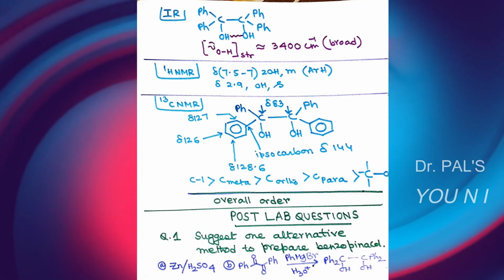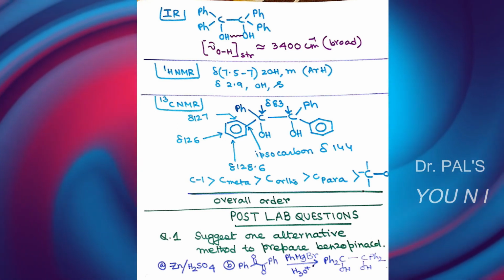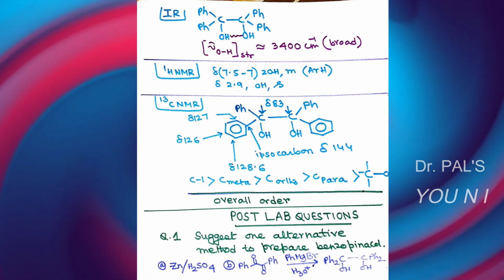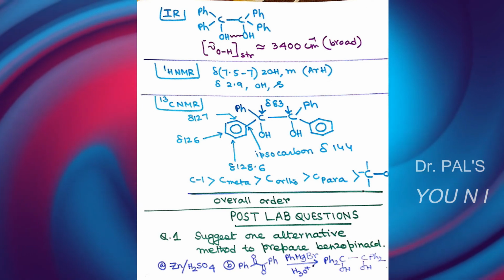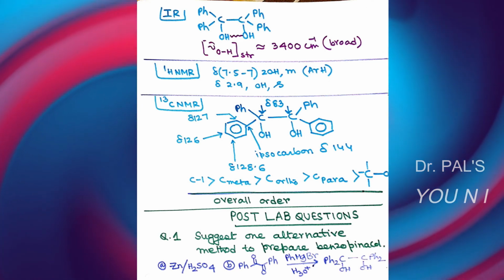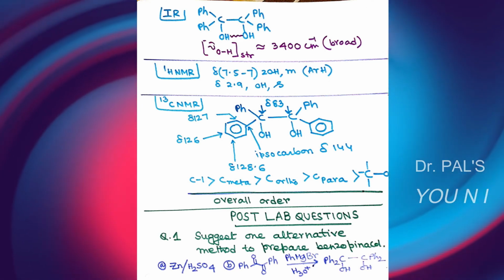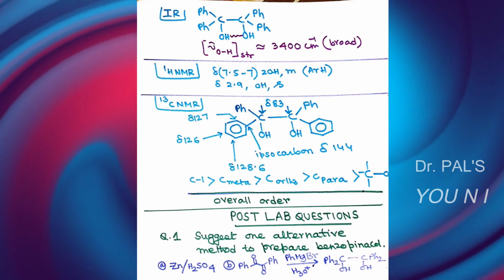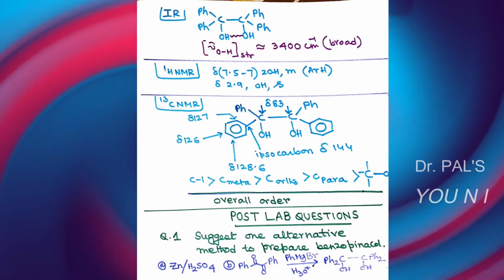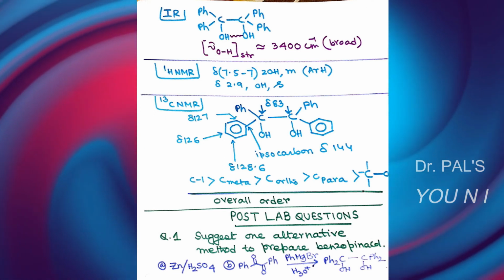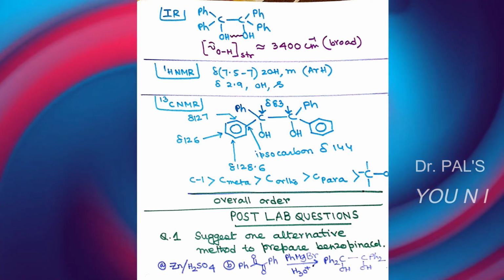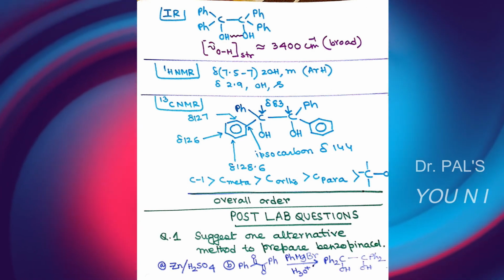These are all aromatic hydrogens, which will give the signal between 7.5 and 7 ppm. The leftover is only the alcoholic OH signal, for 2 hydrogens, and it appears at delta 2.9. Of course, this OH signal does not have any fixed position, because it depends on the concentration, and also on the hydrogen bonding.